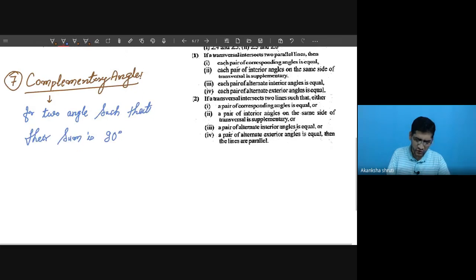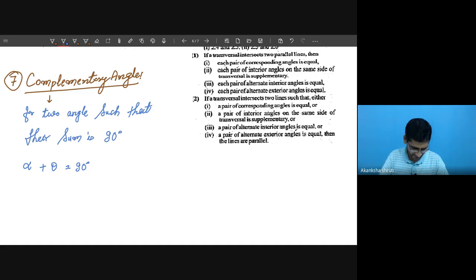See, if any two angles are given and their sum is 90 degree, it is called complementary angle. So let one angle be alpha, another angle be theta, then alpha plus theta is equal to 90 degree. It is called complementary angle.